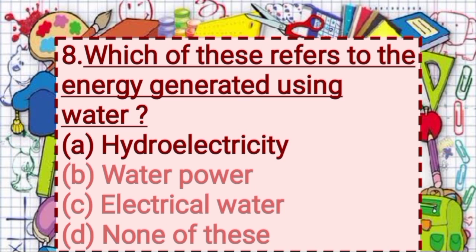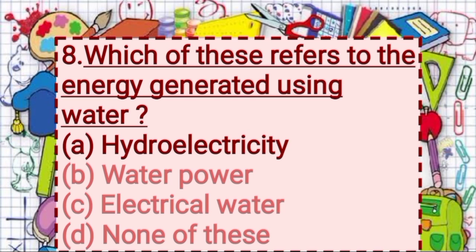First option, hydroelectricity. Option B, water power. Option C, electrical water.